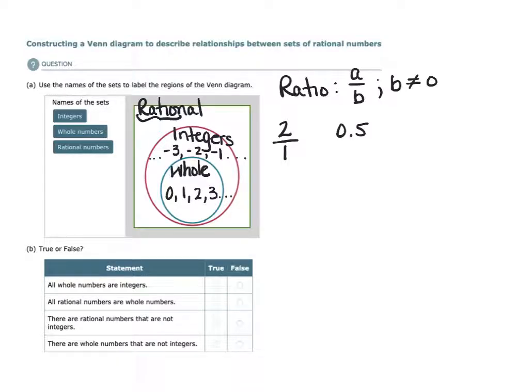The reason this is also rational is because we can make that into a ratio of 1 over 2. We could also make it 5 over 10. There's lots of options there for us, but we can turn 0.5 into a ratio of two numbers.